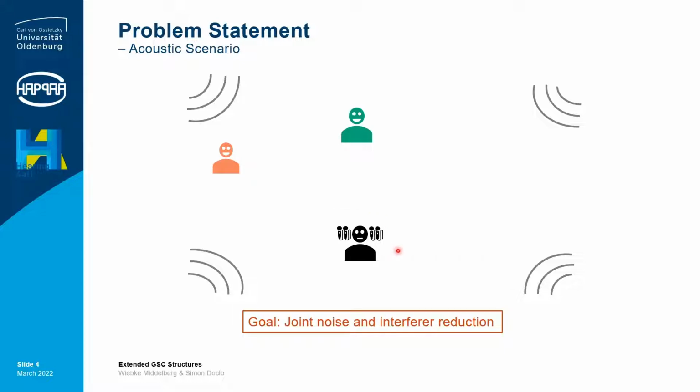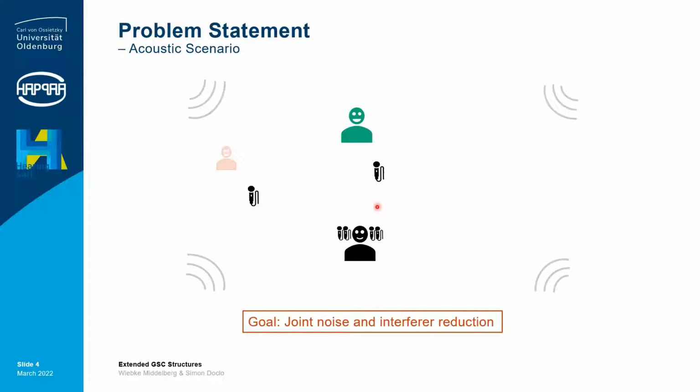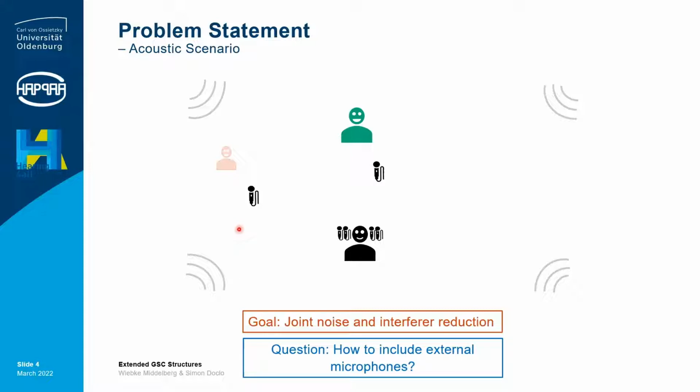So it has been shown in literature that including external microphones into speech enhancement algorithms actually can lead to a better performance. So by including these external microphones into our beamformer, we can actually achieve even more noise and interferer reduction. However, it is now the question how we actually incorporate these microphones. And this will be the main task that we focus on in this presentation.